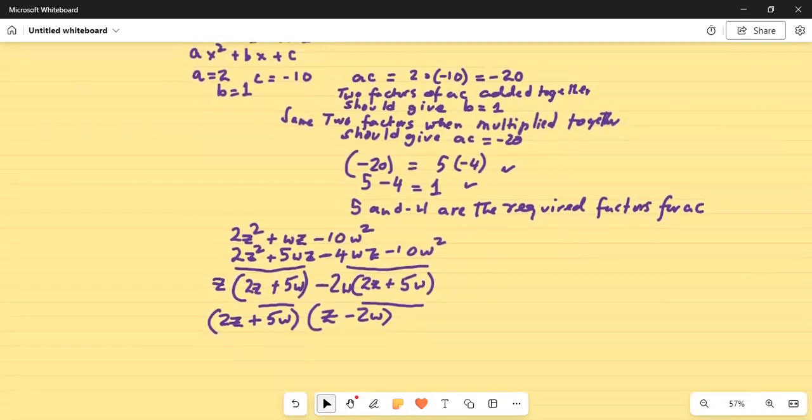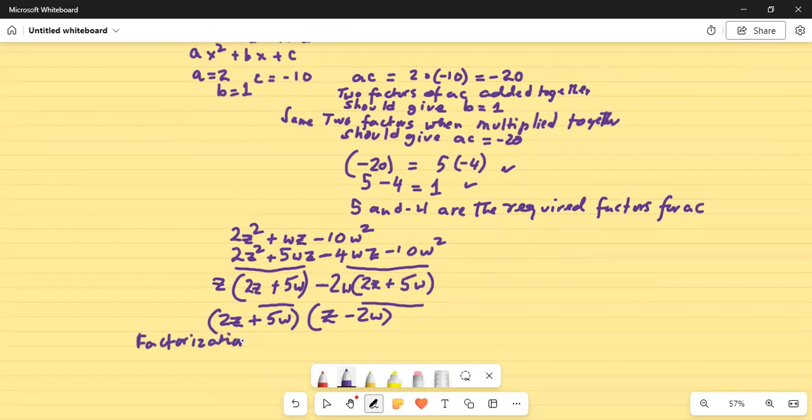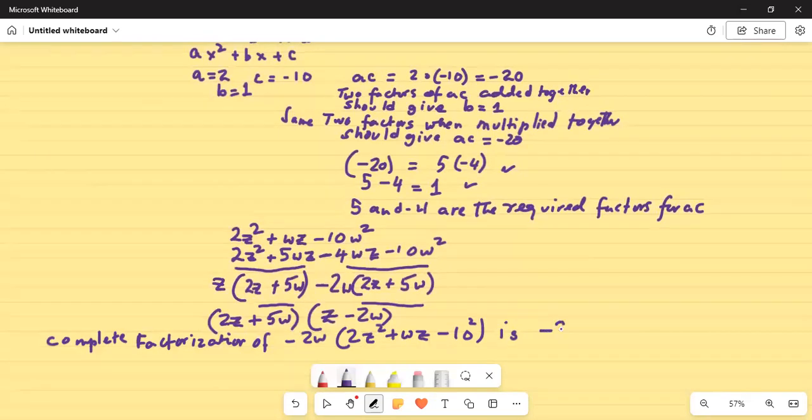So the factorization, I should say complete factorization, is minus 2w times 2z plus 5w times z minus 2w.